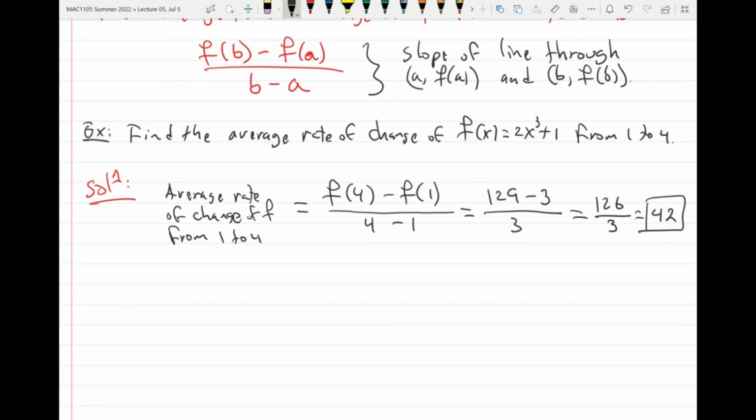Whatever the units are, miles per second, well, that's too fast, so inches per second or something like that. But the point is that it will have a meaning if this function had a physical meaning attached to it. All right. Questions? Do you understand this?